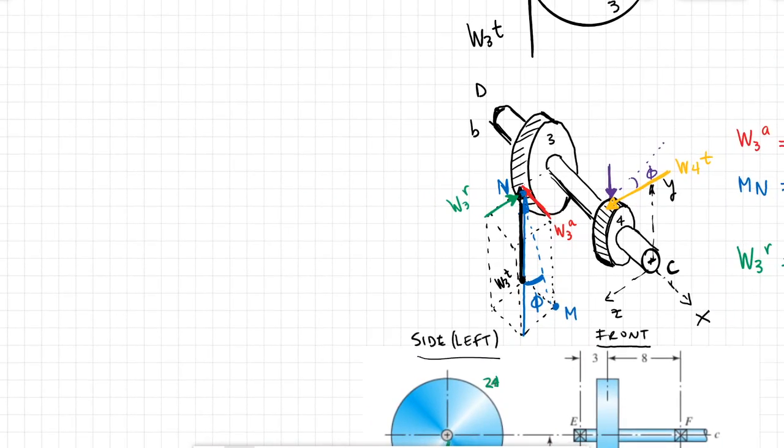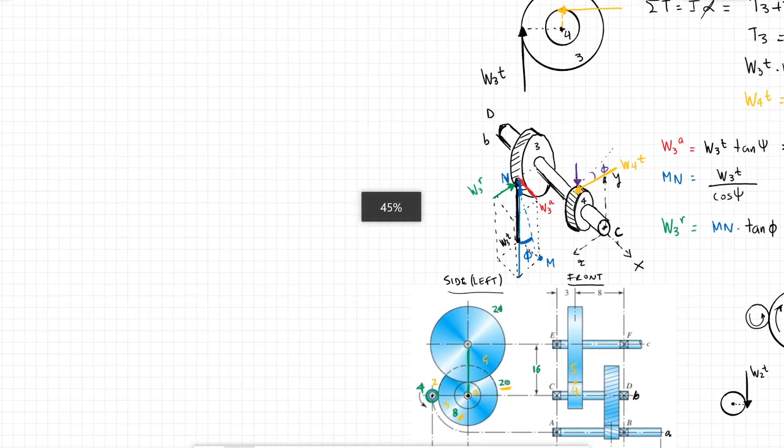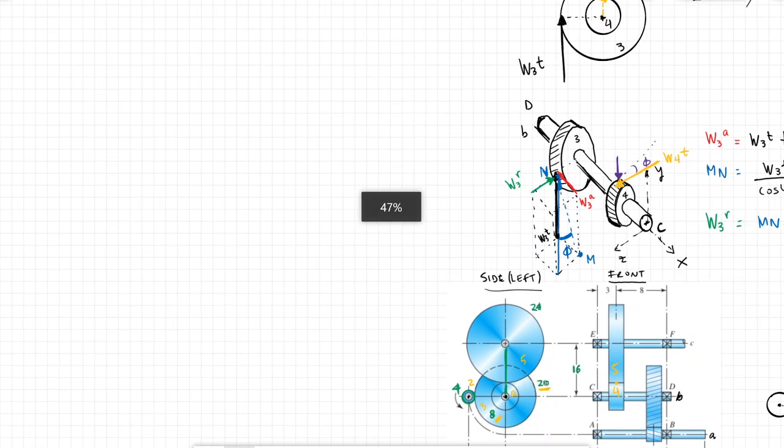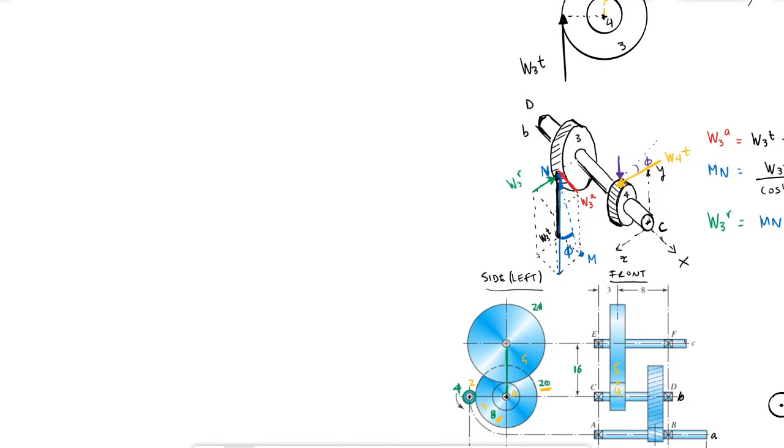Because for the reaction forces and for the shaft itself, the reaction forces at the bearings, D and C, okay, that these cannot move. I'm gonna do a sum of forces in the Z and the Y plane, ZX and YX plane. So let's start with the YX.